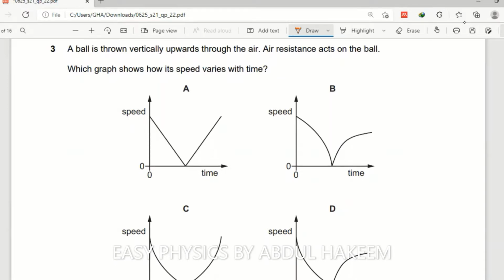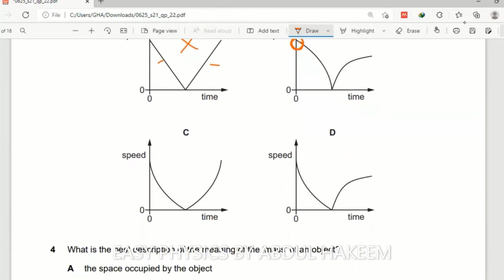So which graph shows how the speed varies with time? Look, the gradients are the same, so this is not the correct answer. Look at this. Initially, the object falls with the maximum acceleration, which is g. But this gradient is not maximum because the line is like this, so this is wrong. And then here, the gradient is maximum, so this is correct. But look at this.